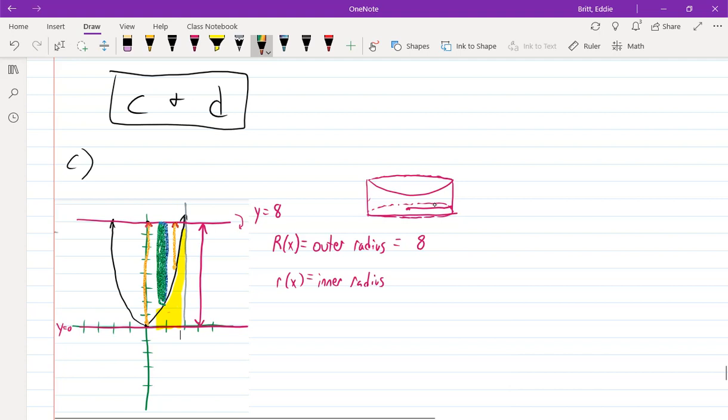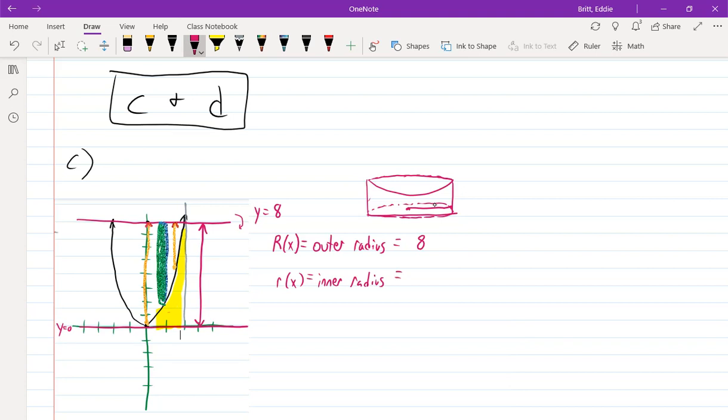All right, and the height of each rectangle is going to depend on the top curve and the bottom curve. So when we're inside the figure here, we're going to say top curve minus bottom curve. And what's the top curve? Well, the top curve would be y equals 8.